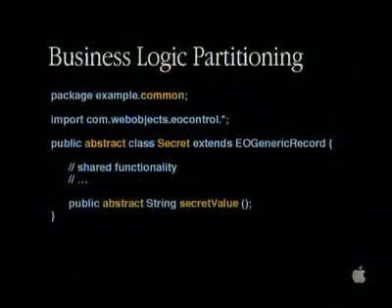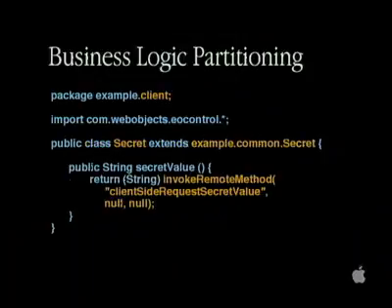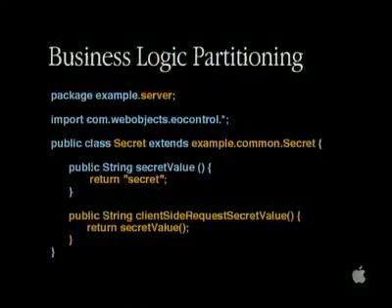For example, a class secret here, an abstract class, and there's an abstract method definition. On the client side, I could implement that to simply go to the server. So I would just use invoke remote method, and that would basically just move the method in execution to the server side, right? And on the server side, the method secret value will actually return a concrete value.